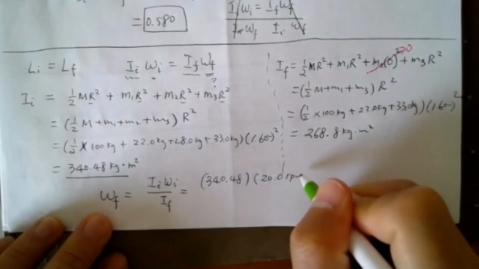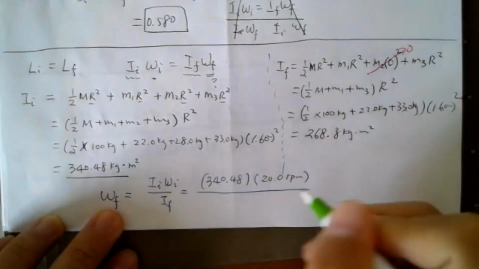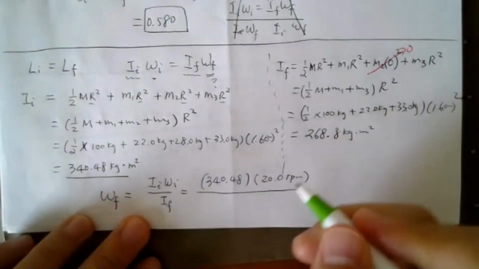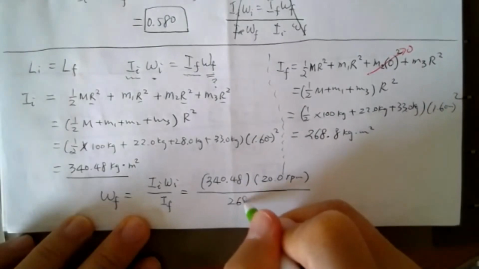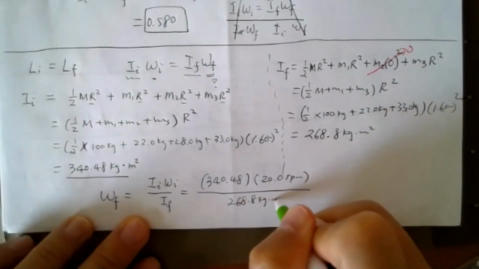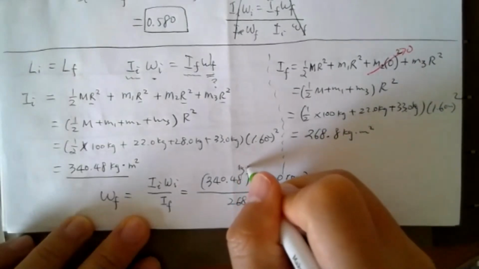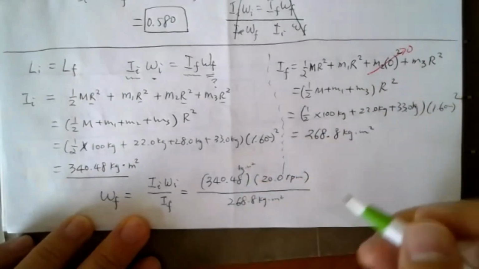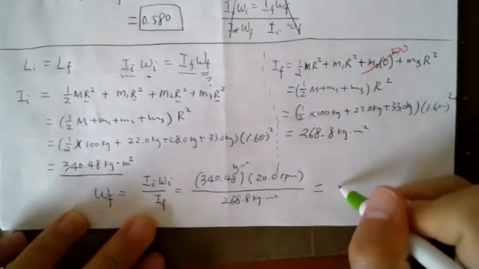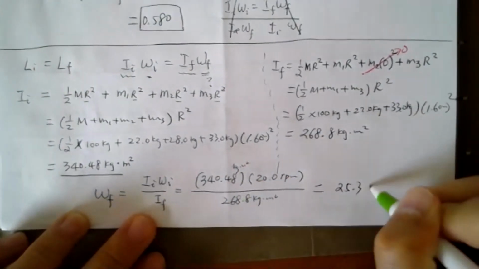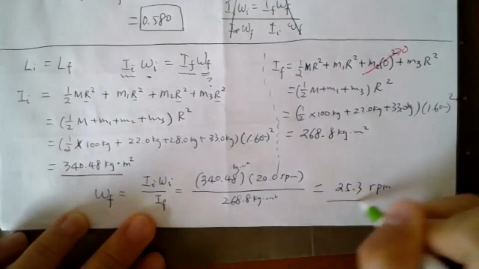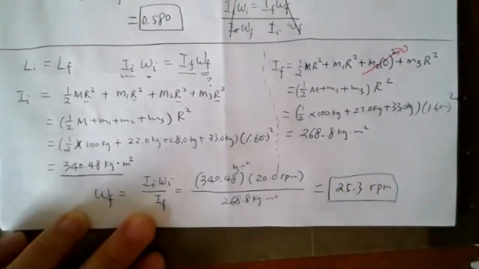In this case, it's expressed in RPM, so that's fine. This is 268.8 kilogram meter square, the same as this one, so these two units will cancel out. It's going to be 25.3 RPM. RPM stands for revolutions per minute.